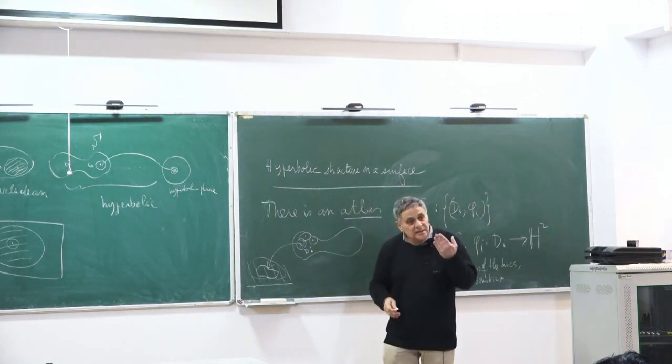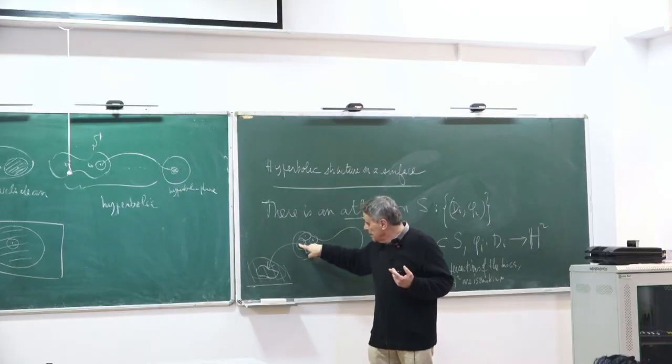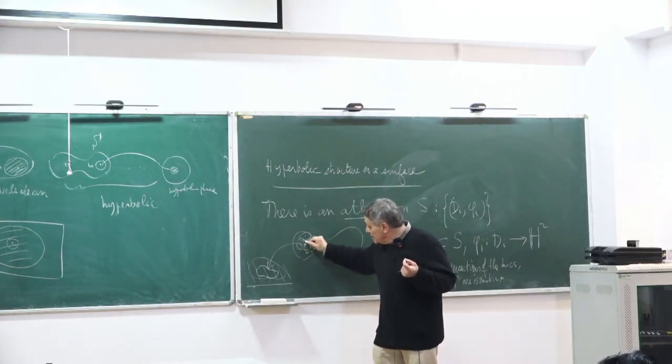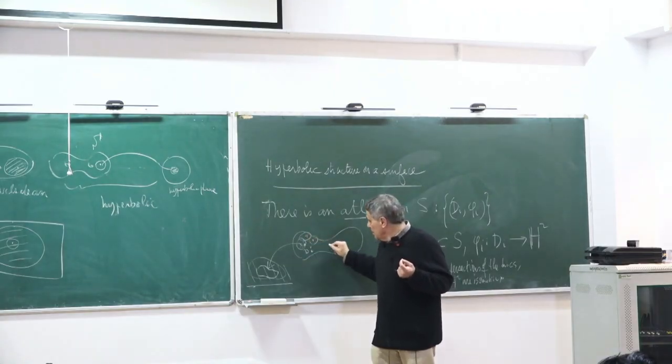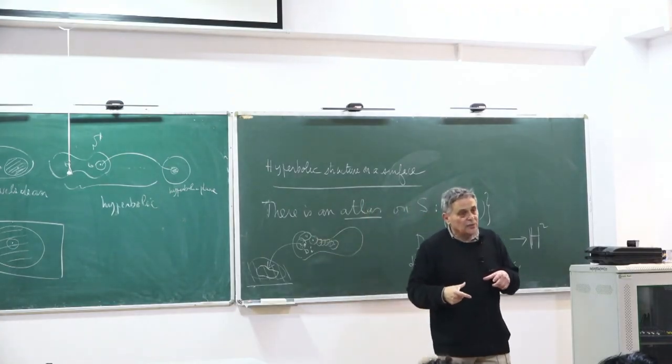I want to measure distances. I want to be able to measure distances here, not only in this small disk, but distances between a point in this disk and a point in this disk. I want to measure the distance from this point to this point. I set something on a disk around each point.